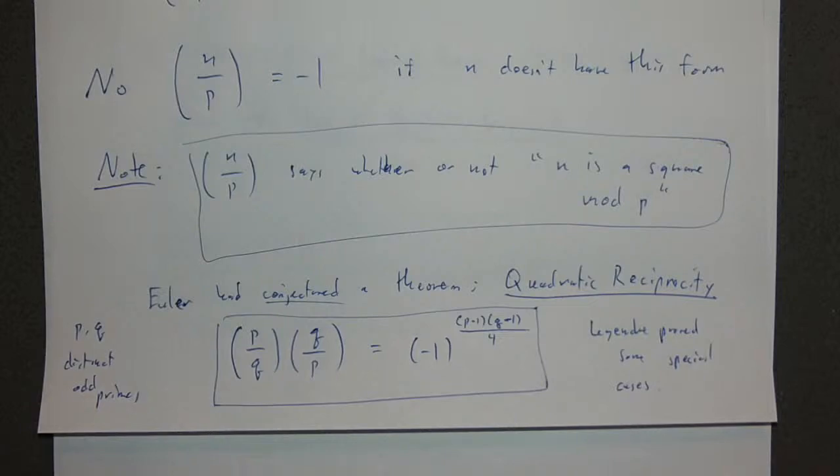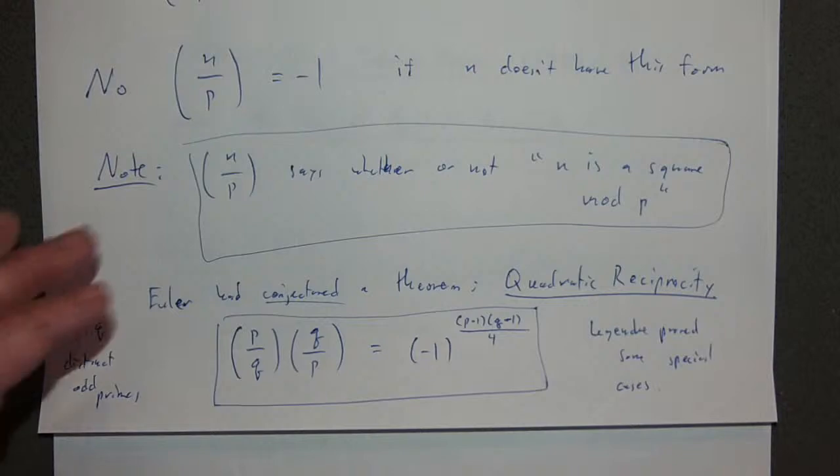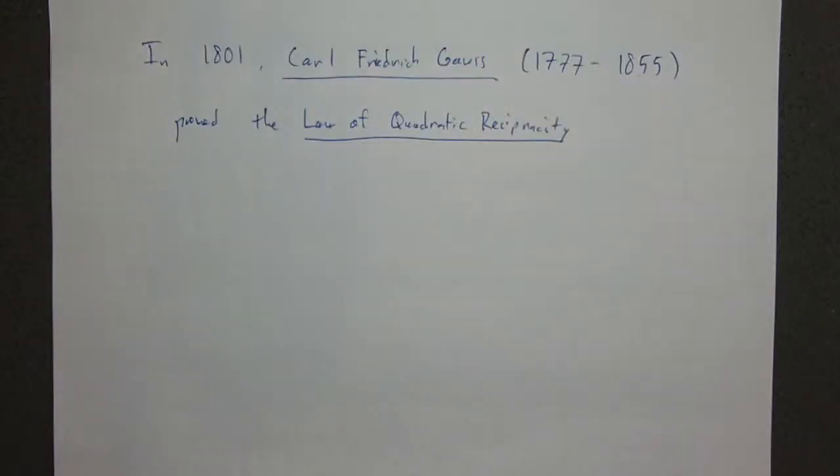There doesn't seem to be any connection between those things. So the fact that this theorem is true is seen as really, really nice. And the Legendre symbol is actually very easy to compute for a lot of those numbers, but I'm not going to go too far in that direction.